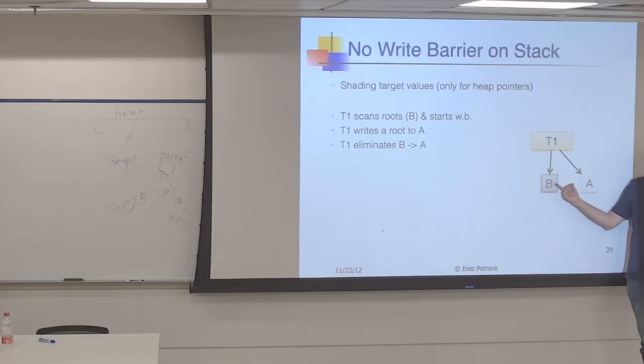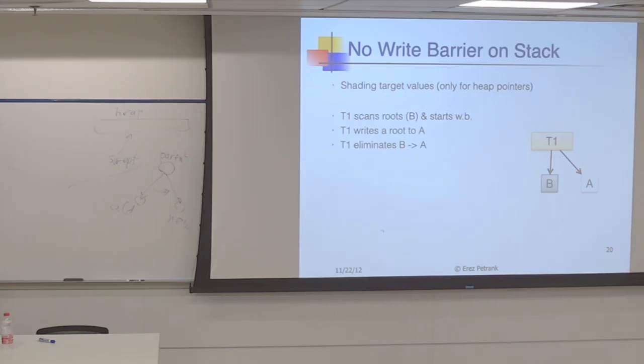This is a pointer in the heap, so the write barrier does work on it. So we need to shade the new target of this pointer, but the new target is null. So there's nothing to gray, nothing to shade. The old referent was A. It would have been nice to shade it, but we shade the new target, and so there's nothing to shade.